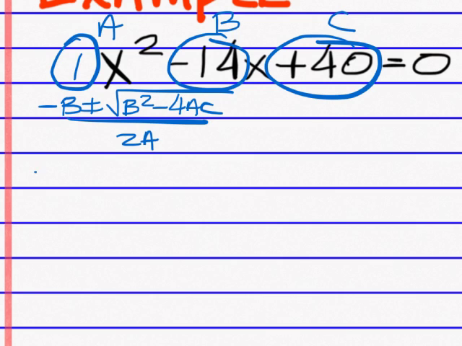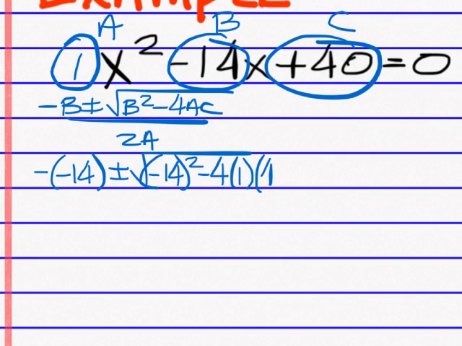Now if I put a negative 14 in for b, I have a negative 14 on the left, and then putting it inside the square root sign makes it squared, and then minus 4 times 1 times 40. All of that over 2 times 1.